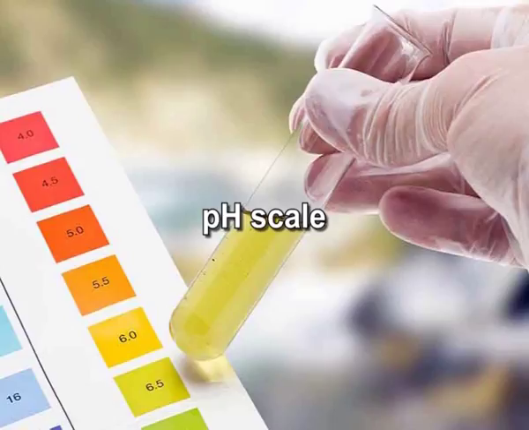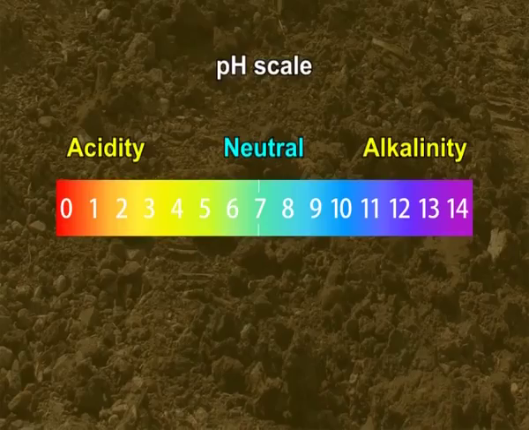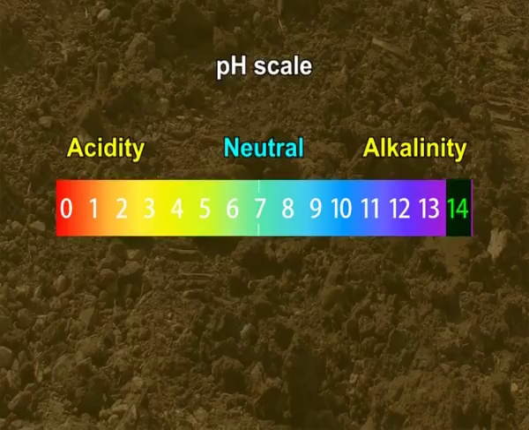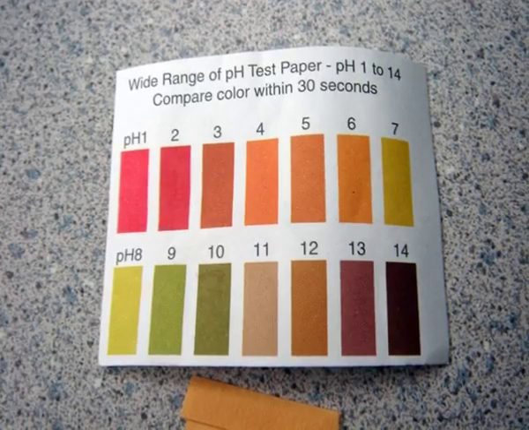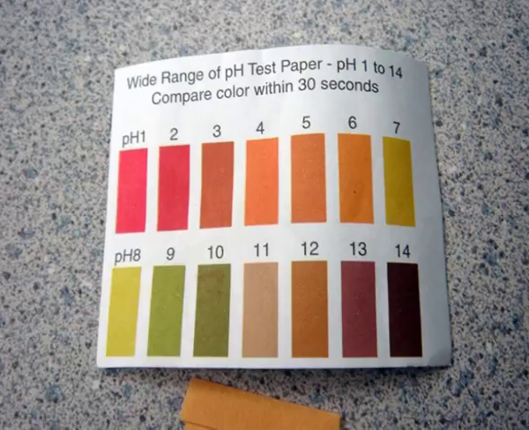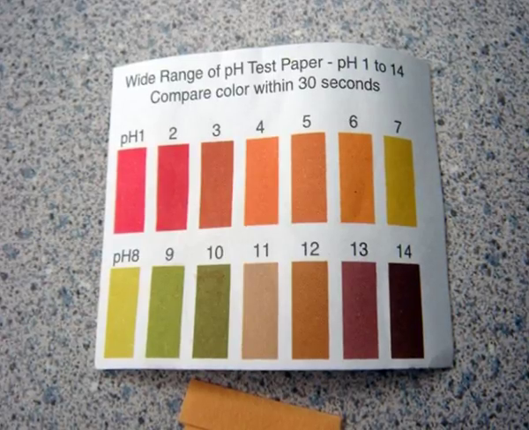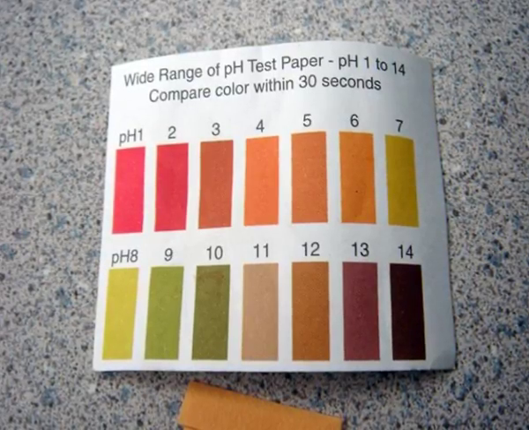pH scale. The pH scale is a measure of the degree of the acidity or alkalinity of a solution, as measured on the pH scale of 0 to 14. The midpoint of 7 on the pH scale represents neutrality, that is, a neutral solution is neither acid nor alkaline. It is important to understand that pH is a measure of intensity and not capacity.